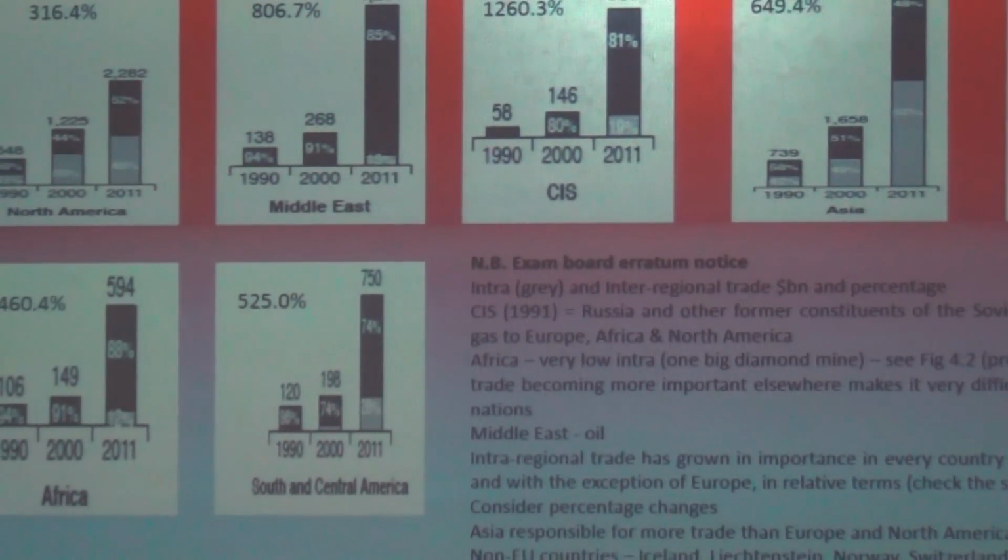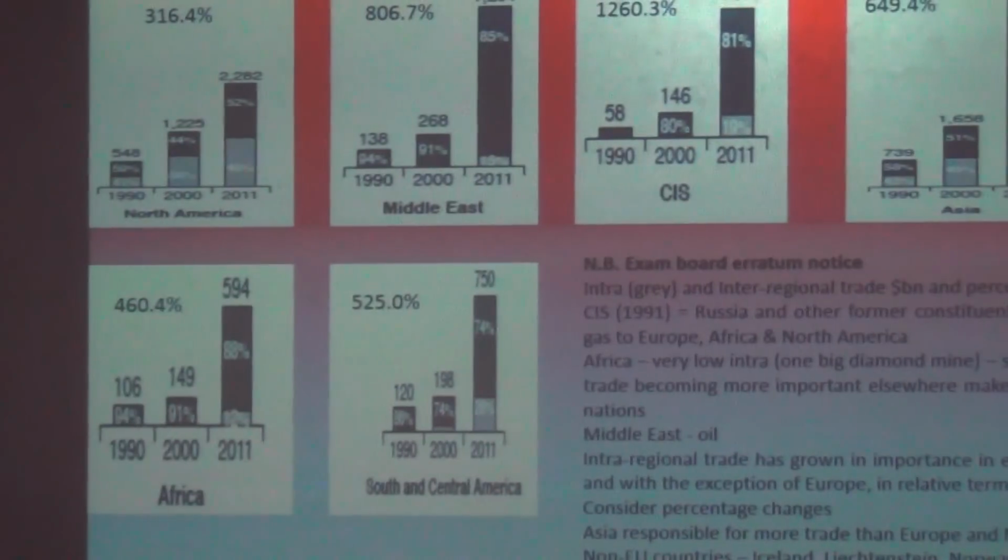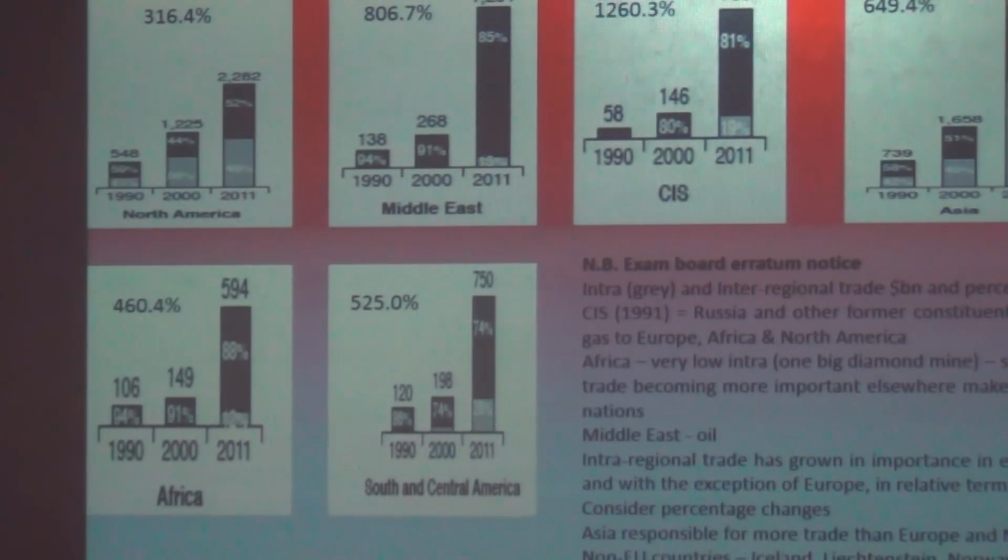And we've seen in figure 4.2 that developing nations are growing by trading more amongst themselves rather than with the developed world. Now if you look at Africa and Southern and Central America, which I guess would be the developing nations we'd be talking about here, if you work out 6% of 106 gives you 71.28 billion.